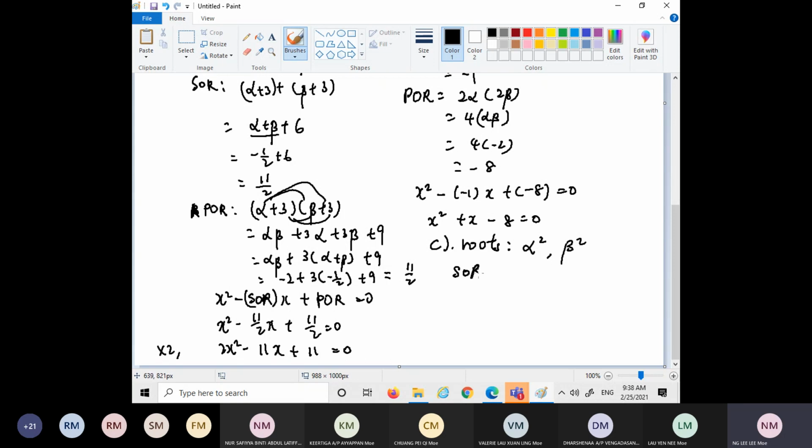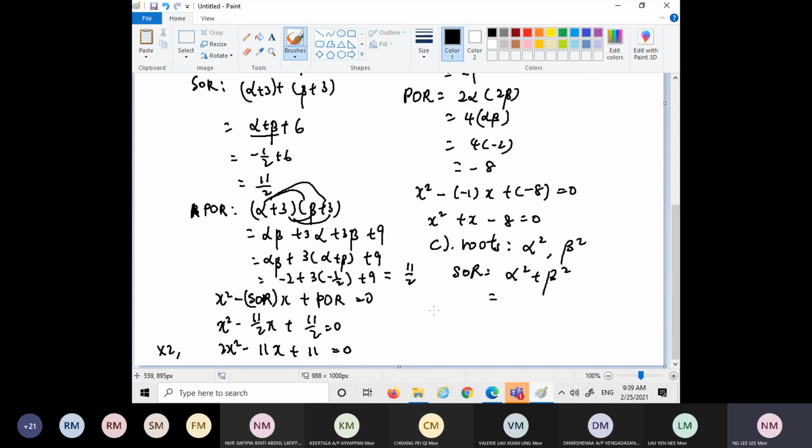Now we have SOR, sum, so add. Now more and more complicated already. I can't see alpha plus beta. I can't see alpha times beta. I only have alpha squared plus beta squared.